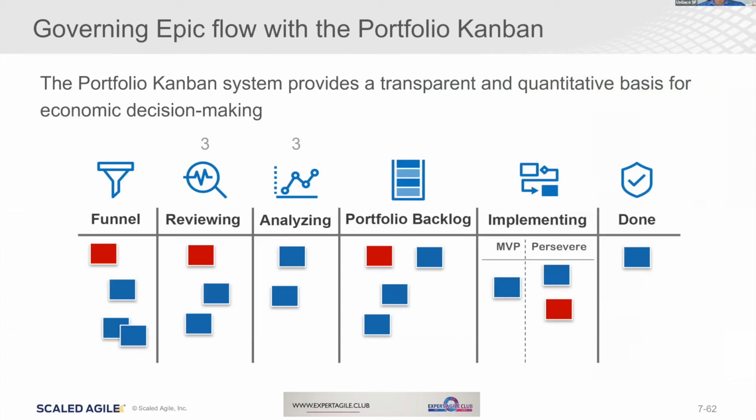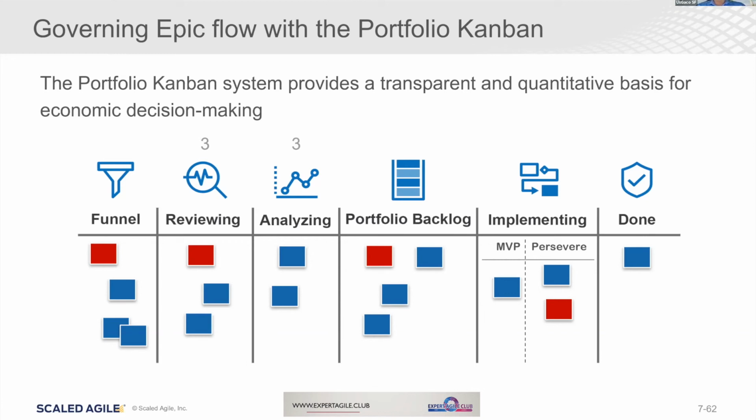All new ideas go into that funnel, and then the lean portfolio management will take a look at it, and if they like it, they'll put it into reviewing. It'll get a little more detail, and then if they like it still, they're going to put it into analyzing. It'll get more detail, and then if they still like it, they put it into the backlog for the Agile release train or that value stream to deliver, and then it goes into implementing the minimum viable product.